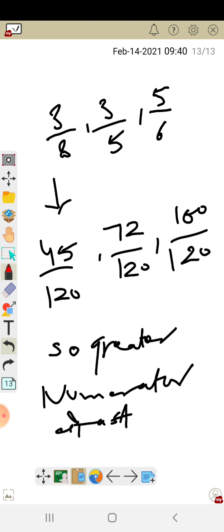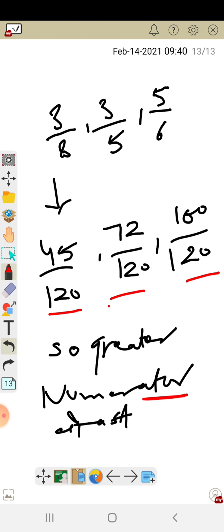So the fraction with the greater numerator is greater. 3 by 8 is equal to 45 upon 120, 3 by 5 is equal to 72 upon 120, and 5 by 6 is equivalent to 100 upon 120.